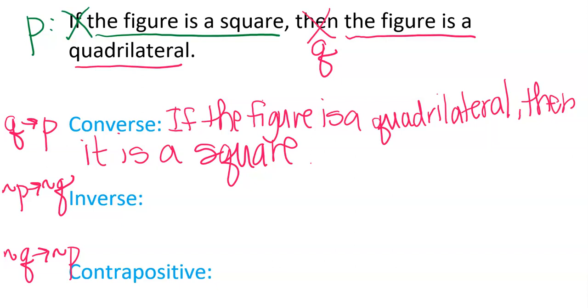So all I did was, since I identified my letters up here and what they stood for, I am looking for the P part and the Q part, and I'm switching the order. That's all I'm doing, is switching the order.